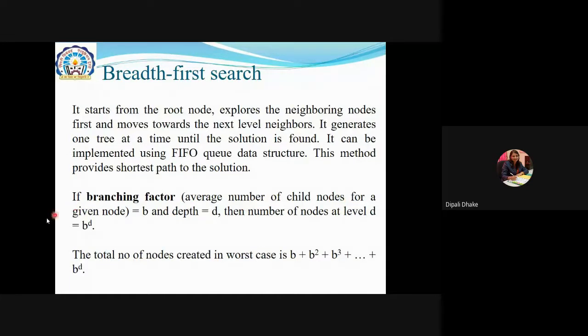The average number of child nodes for a given node is equal to B, and the depth is equal to D. Given node, we can say it's a parent node. Suppose you search for your solution, and when you expand your root node, in that journey the average number of child nodes you get is B, and the depth is D. Then the number of nodes at level D is B raised to D. The total number of nodes created in the worst case is B plus B square plus B cube and so on, till B raised to D.